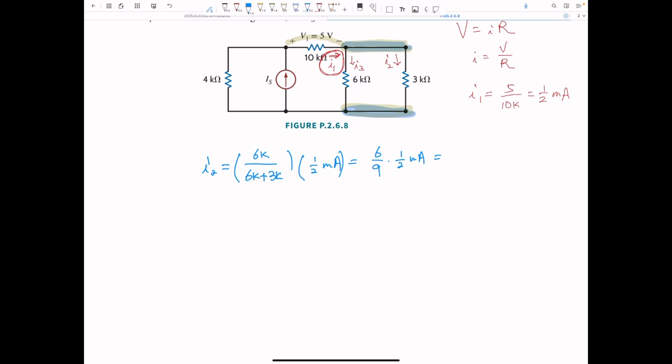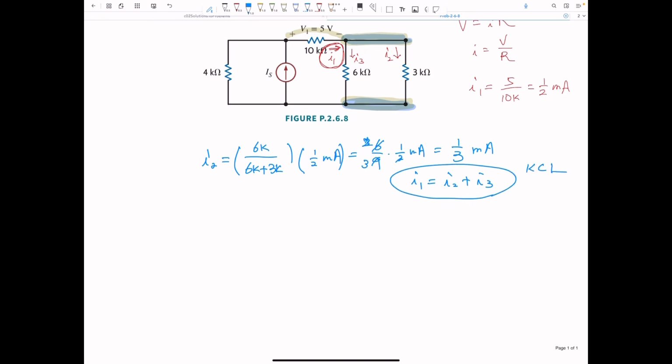Therefore, 2 and 3, 1 and 1, that is 1/3 milliamp. So I sub 2 is 1/3 milliamp. And I sub 2 plus I sub 3 should be I sub 1. I sub 1 equals I sub 2 plus I sub 3, KCL, right? Let's find that out.